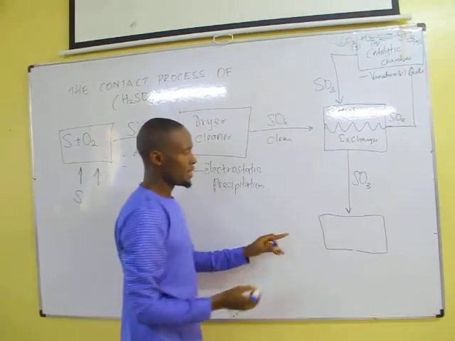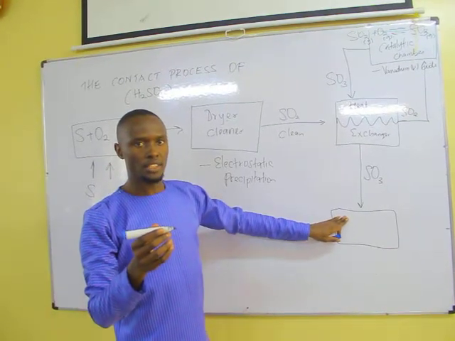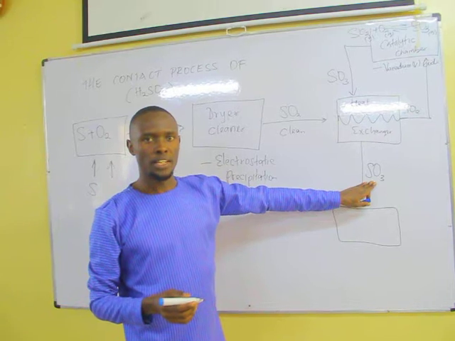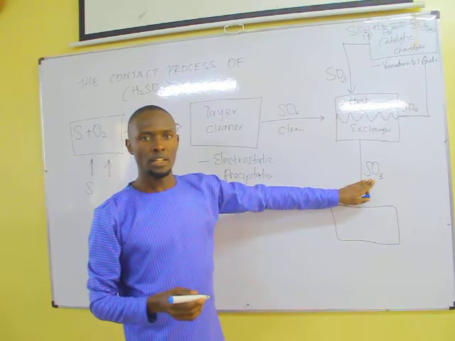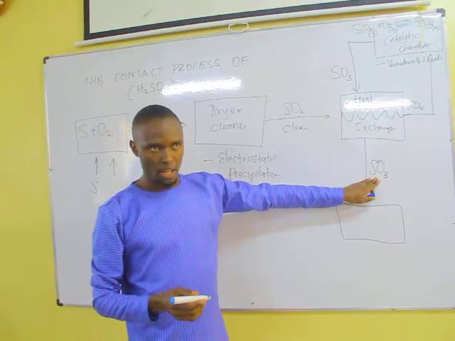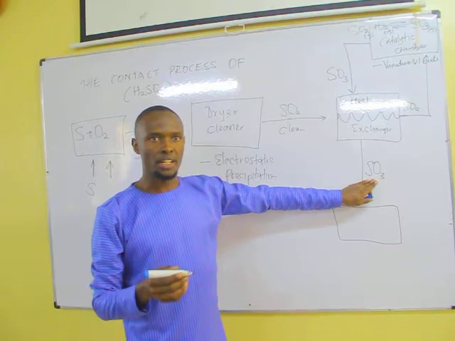In this, we want to form sulfuric acid. If we mix this one with water, we will get sulfuric acid. But the reaction between this one and water cannot be carried out.